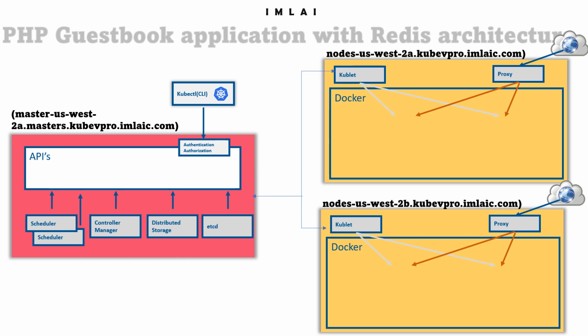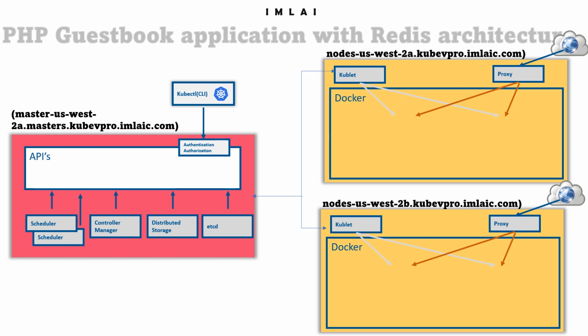Here is that, the complete architecture. So let's begin, as usual, with the creation of our cluster. That has been done in our previous tutorial itself. If you did not watch that, kindly watch that Hello Minikube tutorial. In that we have shown how to create our Kubernetes cluster using kOps with three instances.